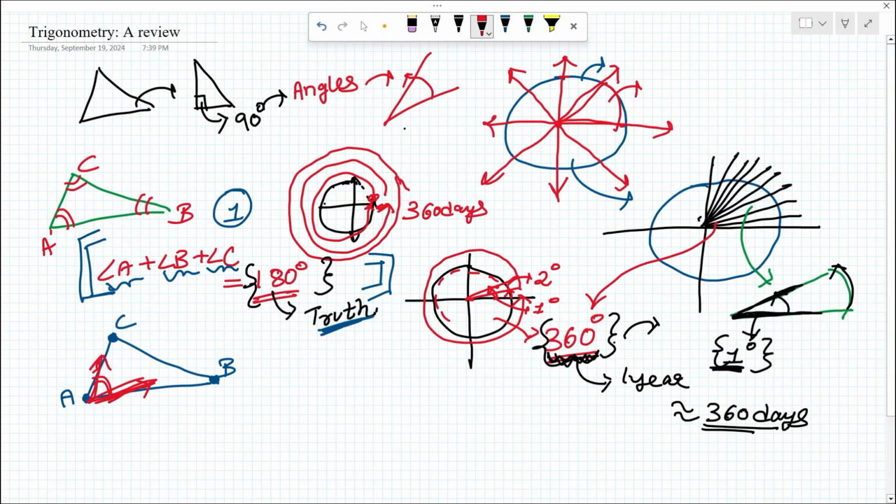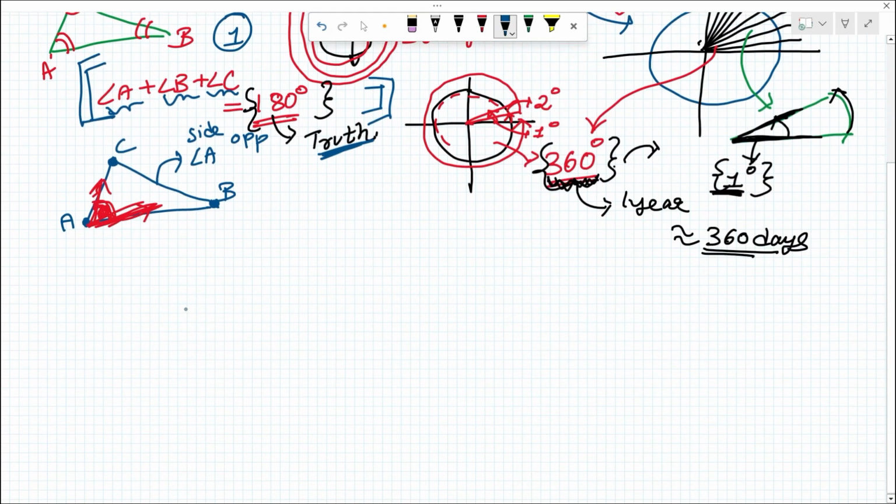So these AB and AC are the ones that help in forming this angle A. The side that is not involved in forming angle A, that is side BC, we call the side opposite to angle A.